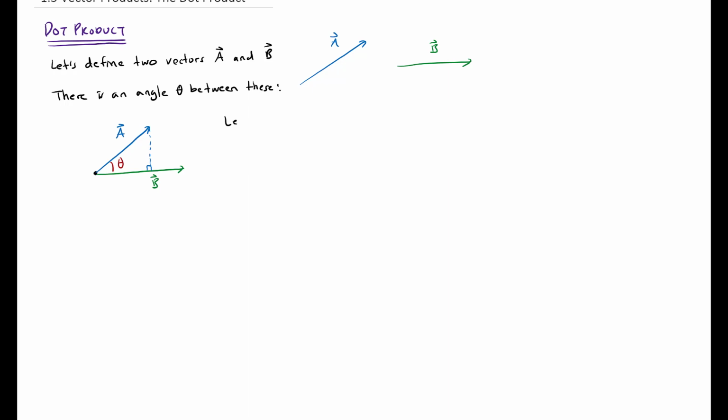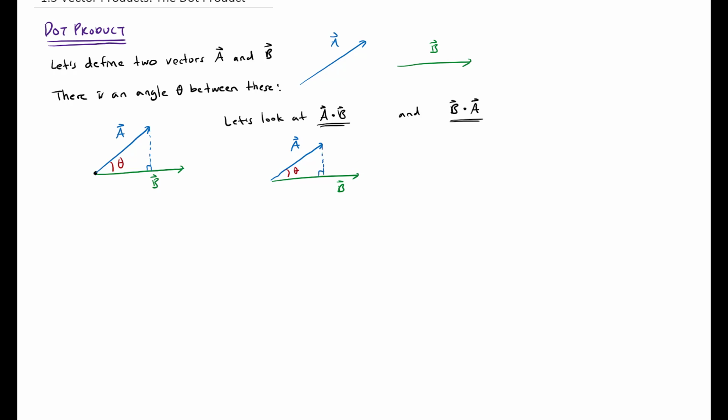So let's look at A dotted with B and B dotted with A. Let's start with the first one, A dotted with B. It's pretty much the same as the drawing we had before, where we have A and B, some angle theta, and the fact that we're trying to figure out the projection of A onto B.